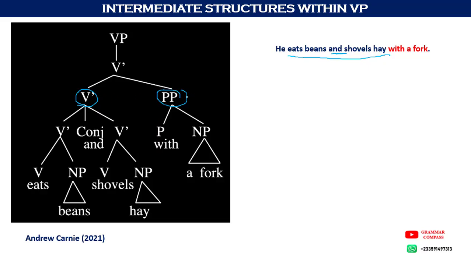Here we have eliminated that inaccuracy. The prepositional phrase that we have here, "with a fork," is qualifying the verb bar, that is, "eats beans and shovels hay." This is only possible in X-bar grammar.